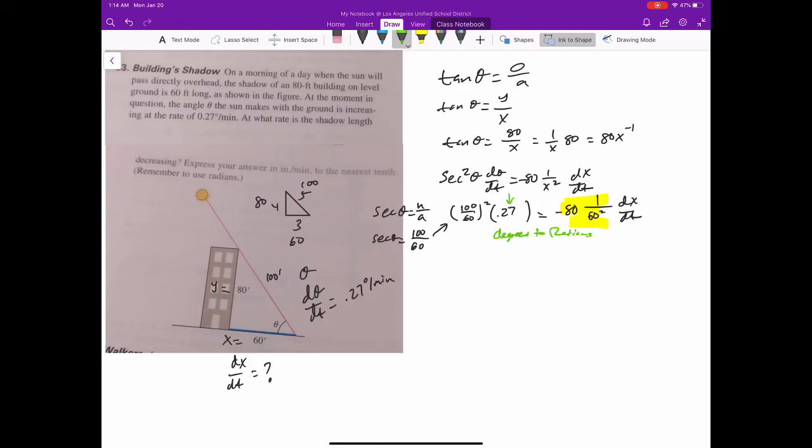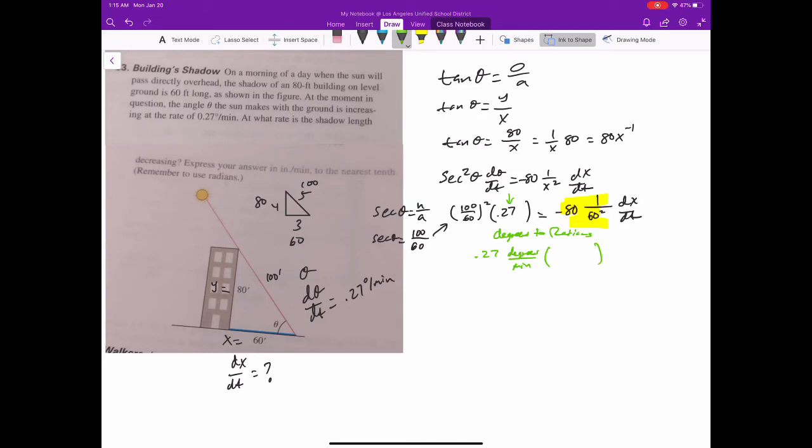So if you guys remember, the conversion is going to be 0.27, and this is degrees per minute. And we need to change this into radians.